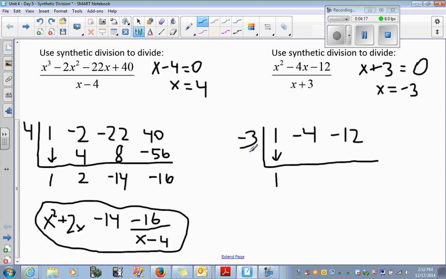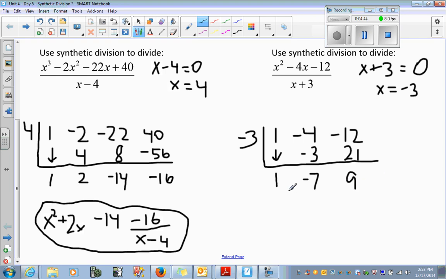So now, negative 3 times 1 is negative 3. We add these two together, negative 4 minus 3 gives me a negative 7. Now, negative 3 times negative 7 gives me a positive 21. Negative 12 plus 21 is 9. So with this particular problem, I have a remainder of 9.